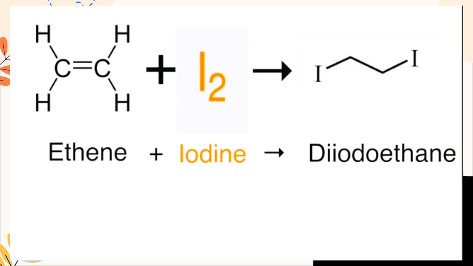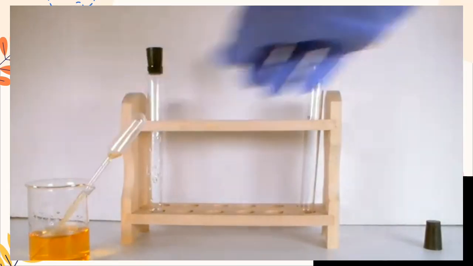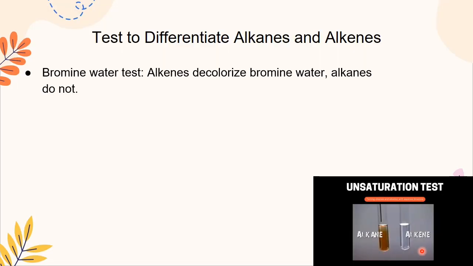Now, if you look at the diagram here, you can see that in this case we have the alkane still maintaining a reddish brown, while the alkene is colorless. So this happens upon addition of bromine water to the unknown sample. So with that, you can differentiate between alkenes and alkanes.